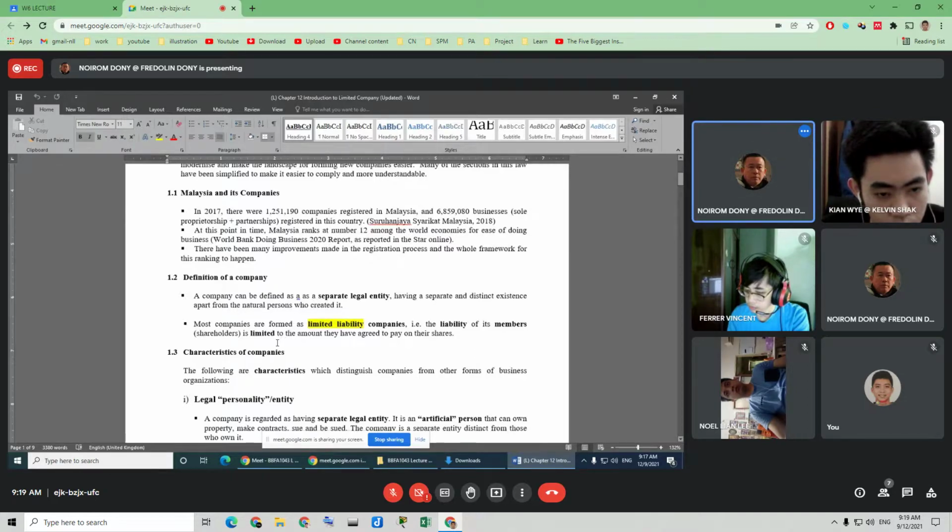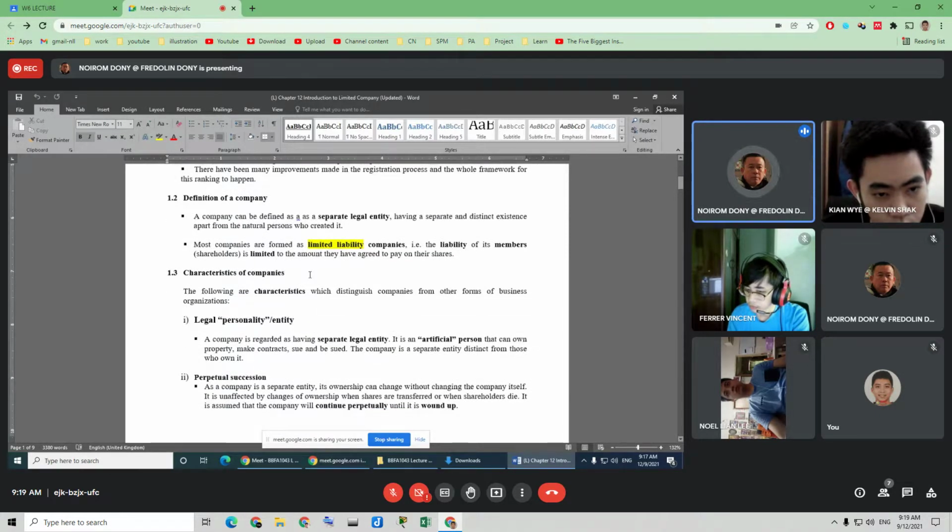Now, these are the characteristics of a company. These distinguish a company from other forms of business organization, so different from partnership, different from sole proprietor. So what is the first characteristic? Legal personality, legal entity, meaning the company is regarded as an entity that can own property, can buy property, can sue the customer.